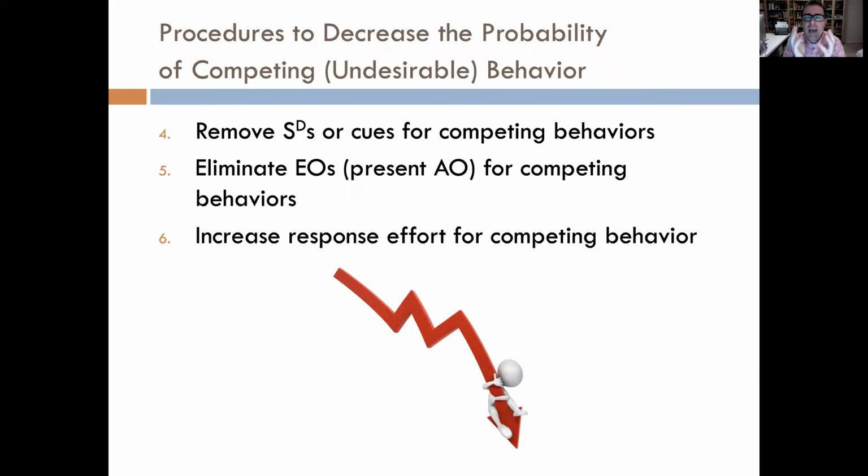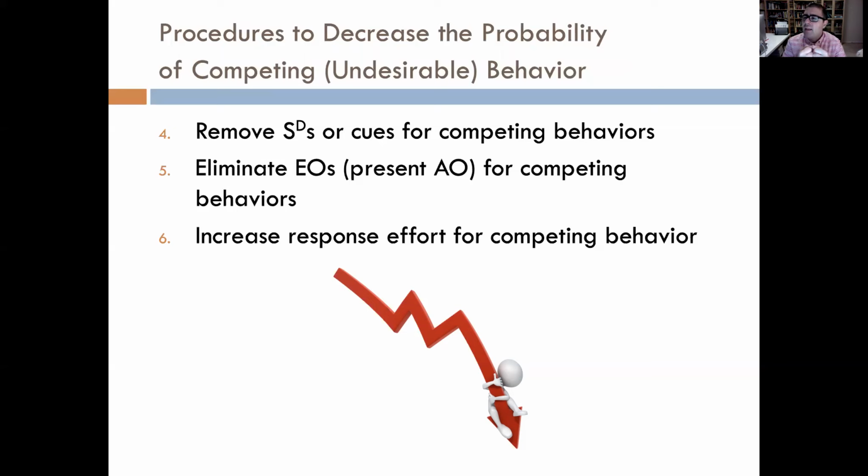Those three categories, removing SDs, manipulating EOs, and response effort, are also used to decrease the probability of the undesirable behavior. So in this case, instead of presenting SDs for the desirable behavior to occur, you're removing the SDs or the cues that are triggering the problem behavior.